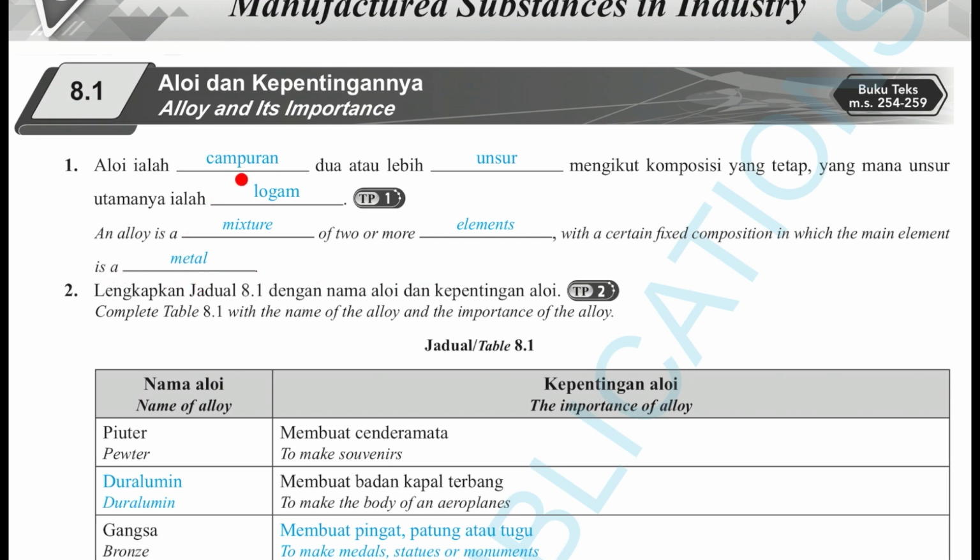Actually, alloy ini adalah campuran dua atau lebih unsur mengikut komposisi yang tetap, yang mana unsur utamanya ialah logam. Dia adalah sejenis campuran, mixture of what? Two or more elements with a certain fixed composition in which the main element is a metal. Di mana unsur utamanya adalah metal.